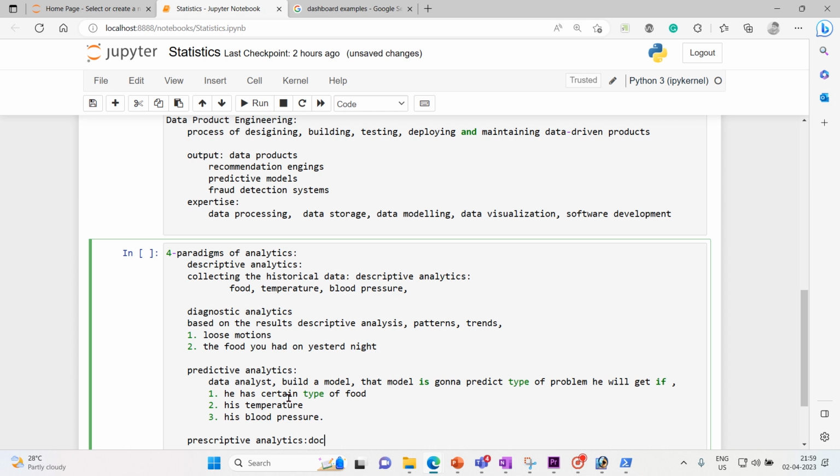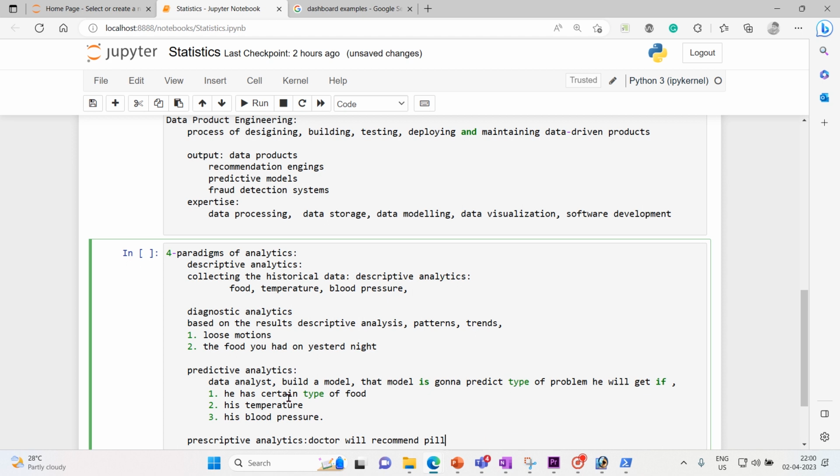Basically, the doctor will recommend maybe pills and injection, and that is on an immediate basis.